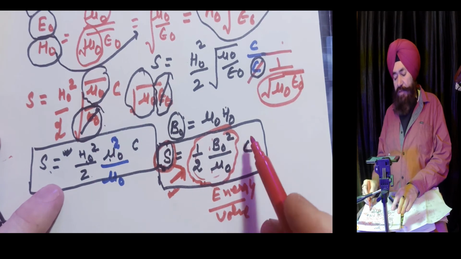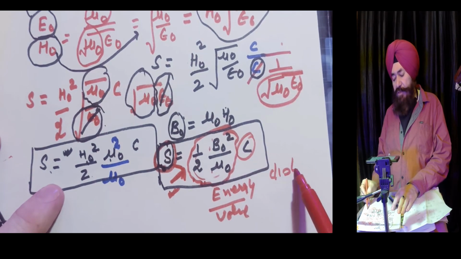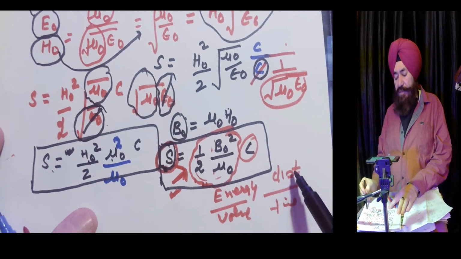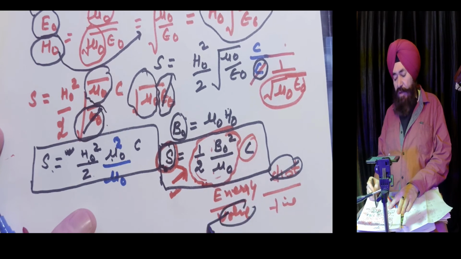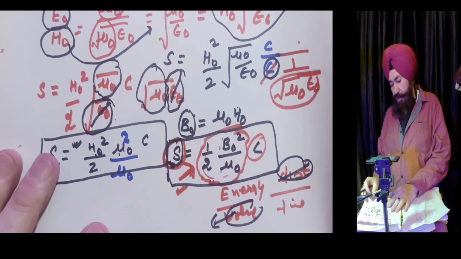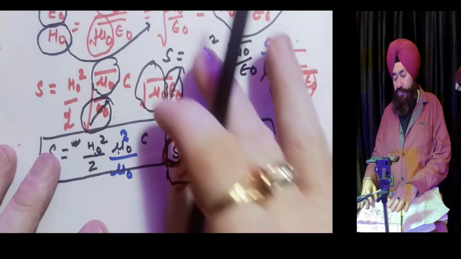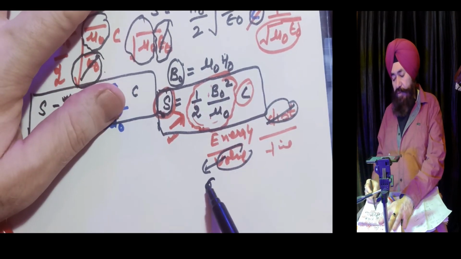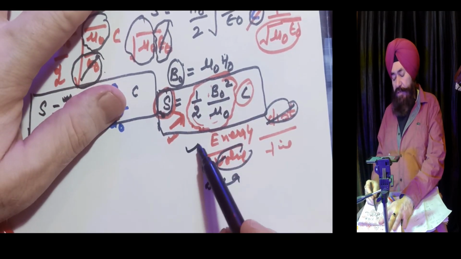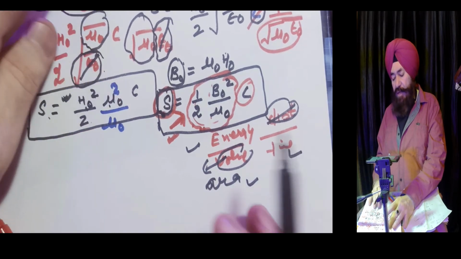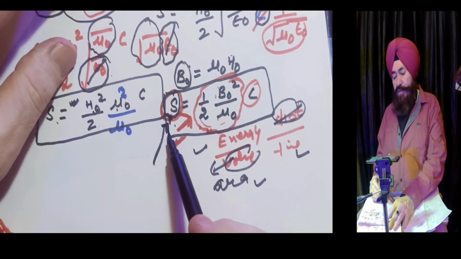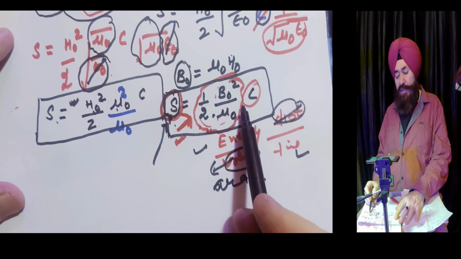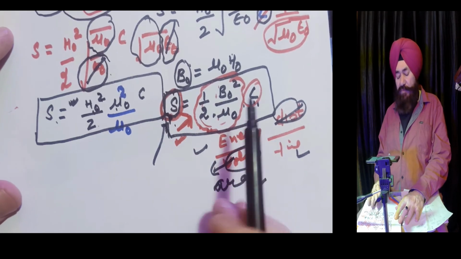This is velocity, distance upon time. Okay. So this distance cancel with volume and becomes area. So this is energy per unit area per second. So this is S, Poynting vector. Okay, so Poynting vector is energy density into the velocity of the EM wave.